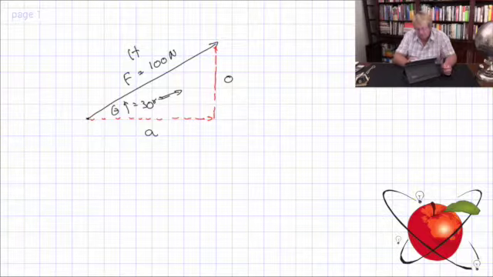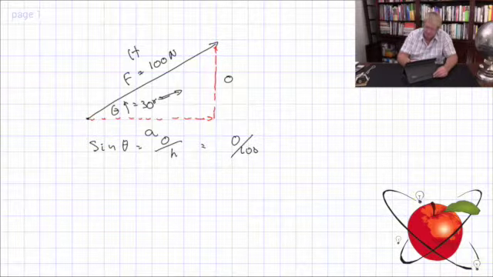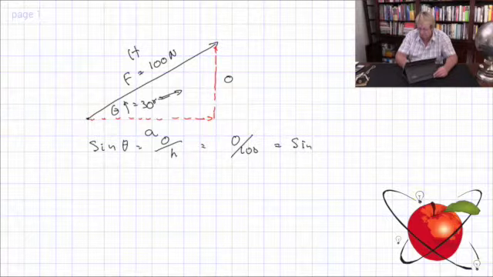So let's take a look. Sine of theta is, by definition, opposite over hypotenuse, which is going to be opposite over 100 in this case. And sine of theta is equal to the sine of 30 degrees, isn't it?